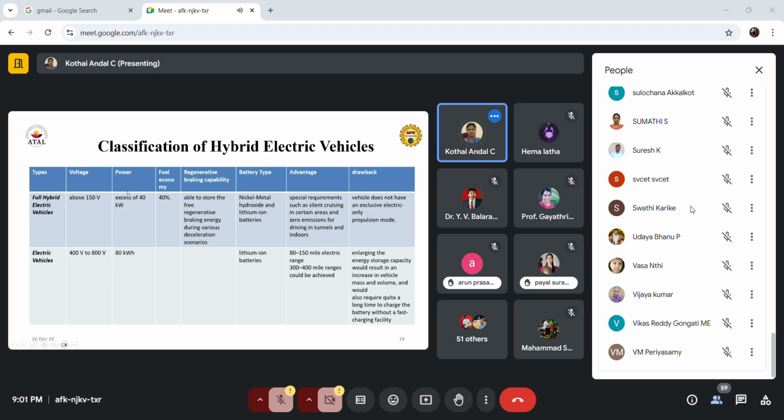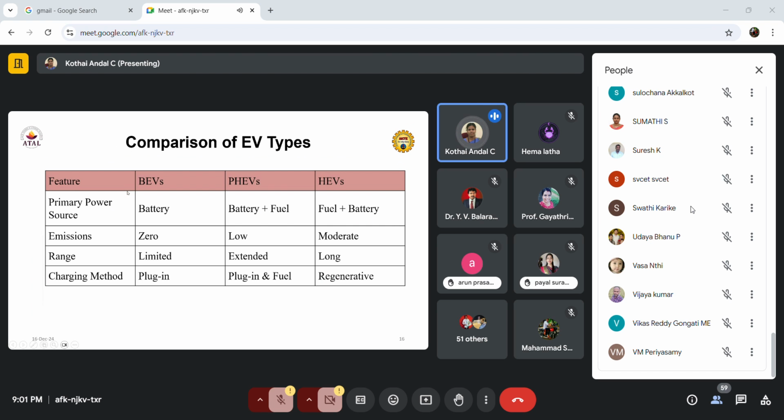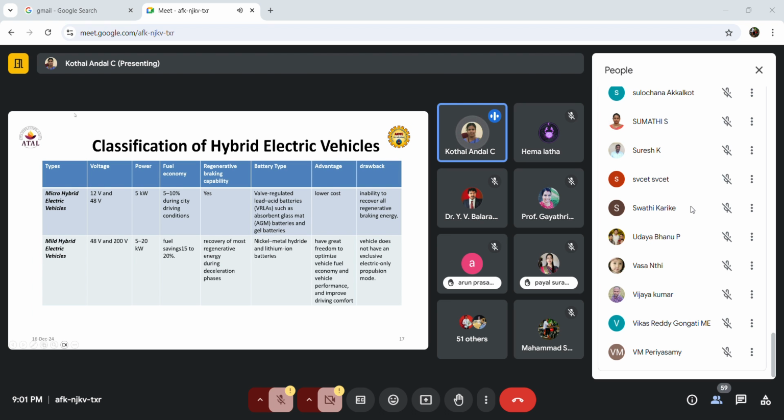For the voltage rating, micro vehicles use 12 volt and 48 volt: 12 volt for the auxiliary power device and 48 volt for the main battery. In power range, we can drive this vehicle up to 5 kilowatts.